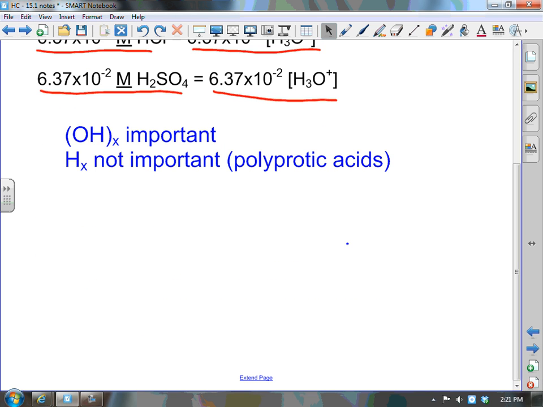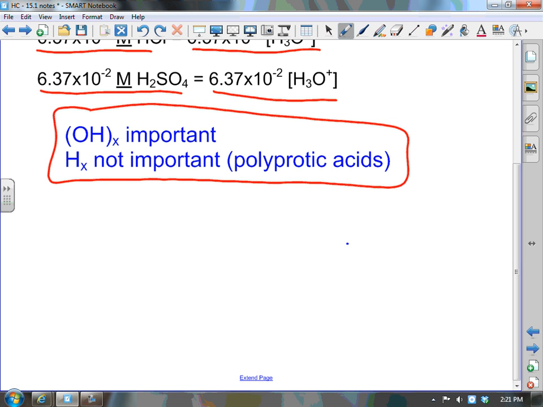So the Cliff Notes version is simply this. The subscript on a hydroxide is important in terms of concentrations. The subscript on an H in acid is not important. So hopefully from that, we can figure out some different things dealing with the concentrations and the different calculations for acids and bases, and it's not too much of an issue.